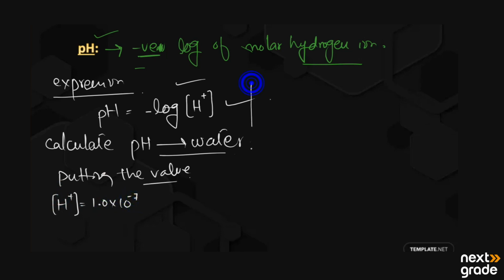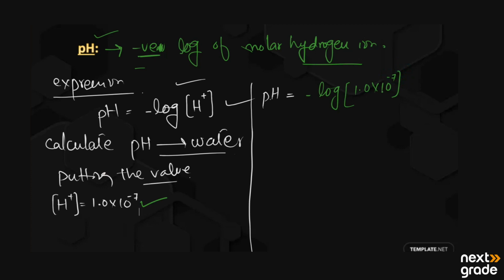So pH is equal to negative log of 1.0 times 10 raised to the power minus 7.